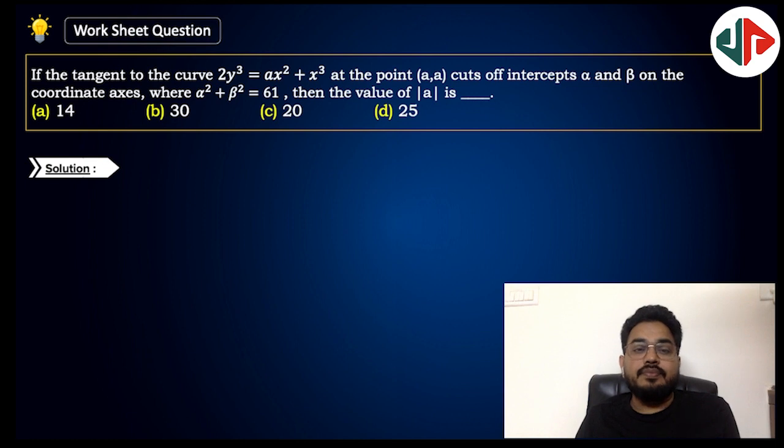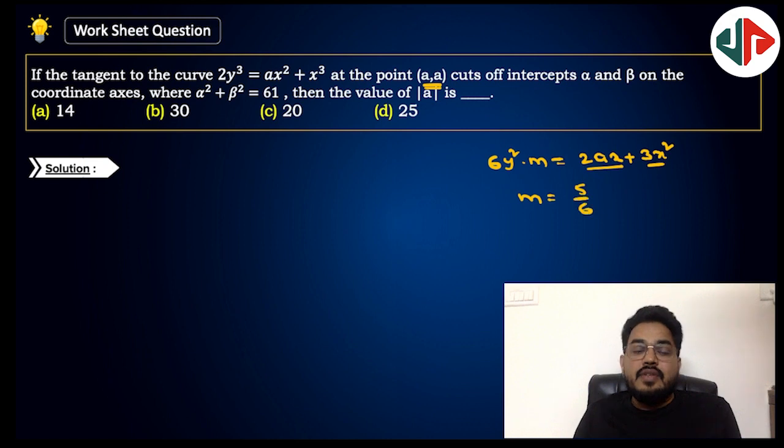So 6y square into m, m is the slope, is equal to 2ax plus 3x square. First of all, a comma a is a point, 2a cube, yes. Now m is equal to 2a square plus 3a square, 5a square by 6.